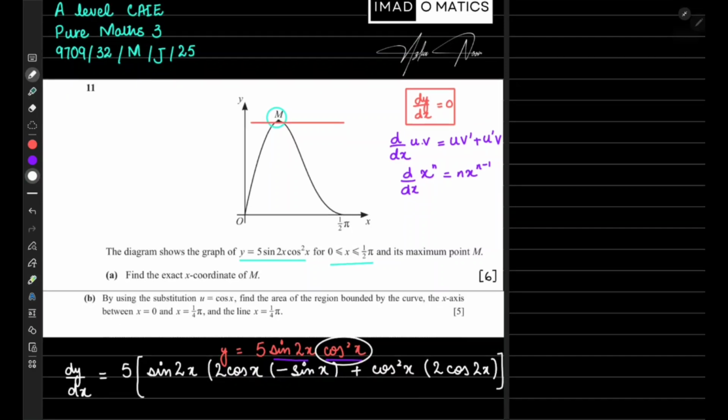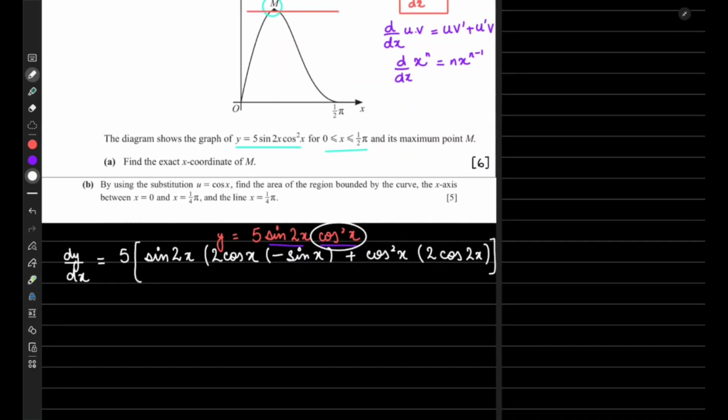Now just simplify it. Minus 2 sin x sin 2x cos x plus 2 cos squared x cos 2x.